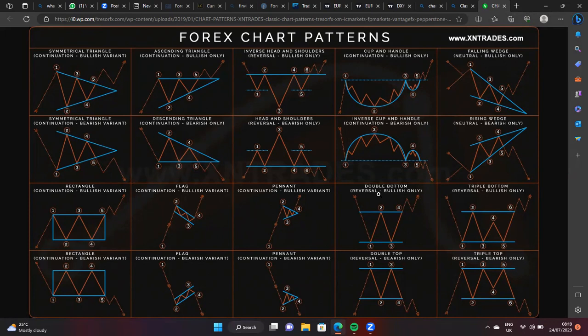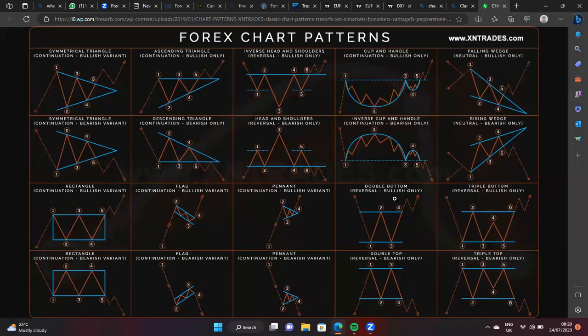So each time we talk about reversal patterns, there are peculiar reversal patterns for each trend. If it is on a downtrend, there's a peculiar reversal pattern for it. If it's on an uptrend, there's a particular reversal pattern for it as well. So for a downtrend, we have what we call double bottom reversal, bullish only.